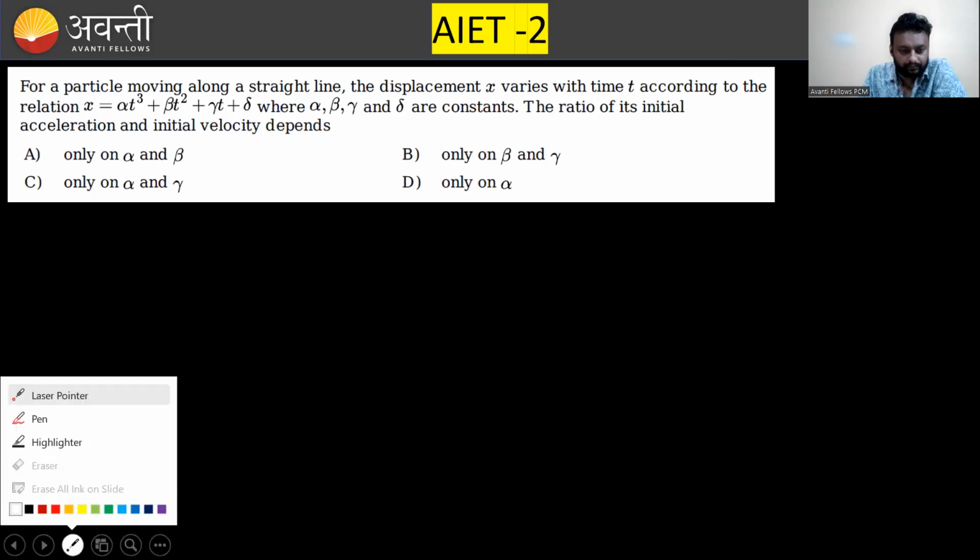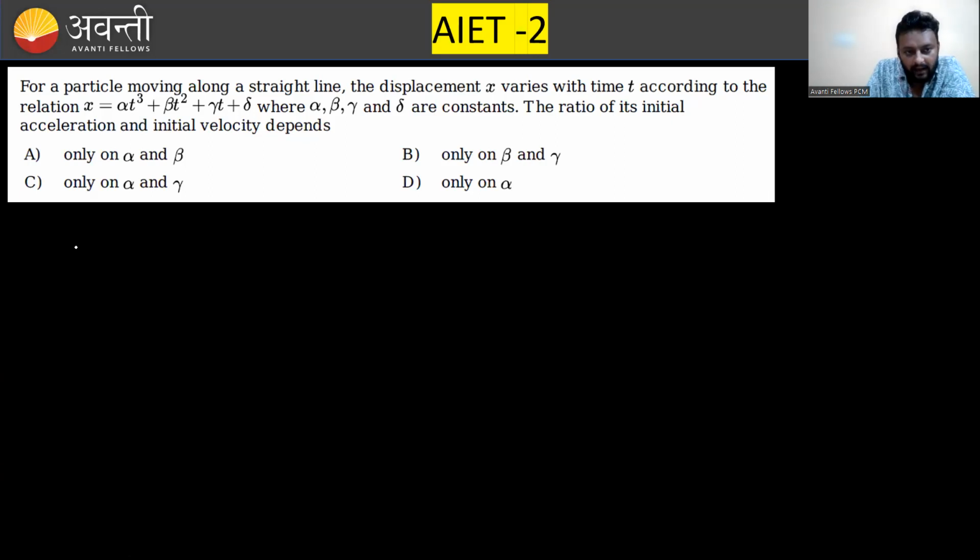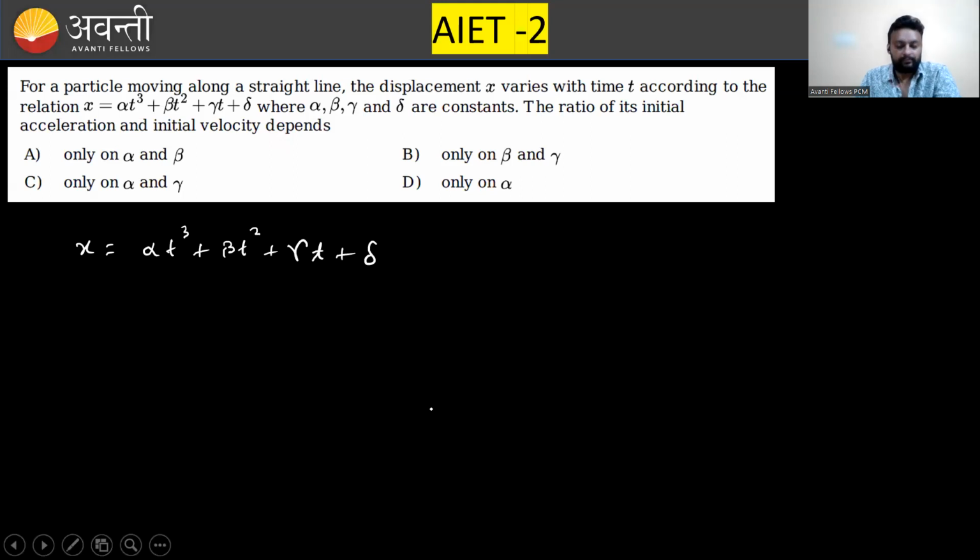So one thing that I will say here, x is given as alpha t cube plus beta t square plus gamma t plus delta. And they are asking for the initial acceleration and initial velocity.